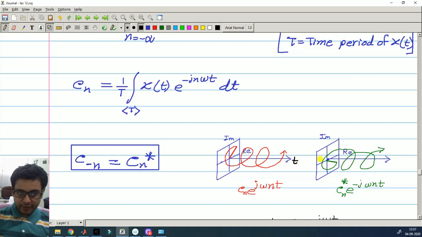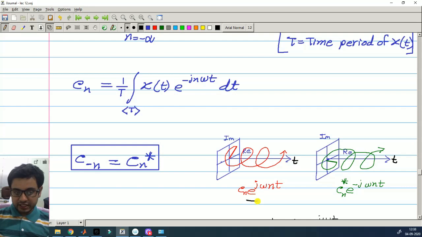This is the time axis, and Cn e to the power j omega n t will be a spiral rotating anti-clockwise like this, whereas Cn star e to the power minus j omega n t will be rotating clockwise.